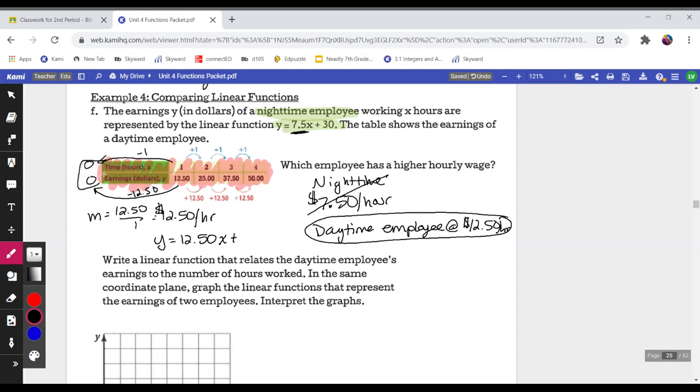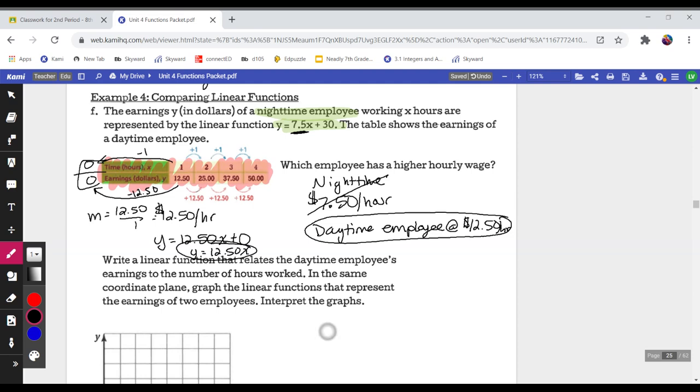That gives me (0, 0), so that's my origin. My y-intercept is 0. So the daytime employee's equation is y equals 12.50x. There's the linear function that relates the daytime employee's earnings to the number of hours worked.